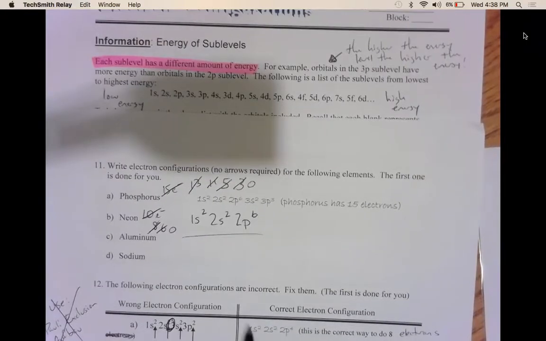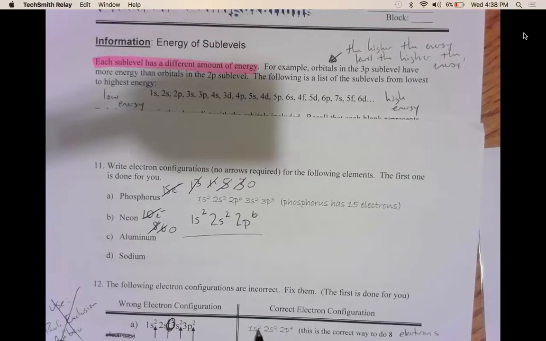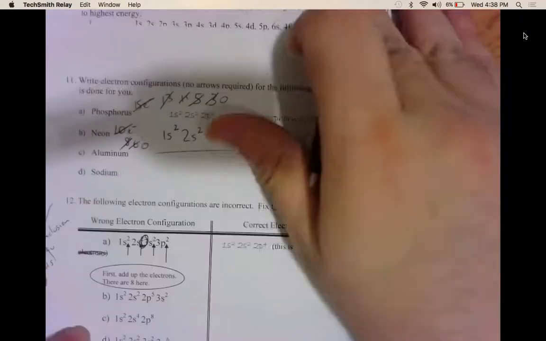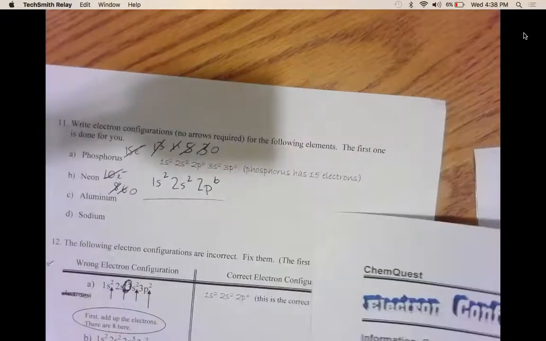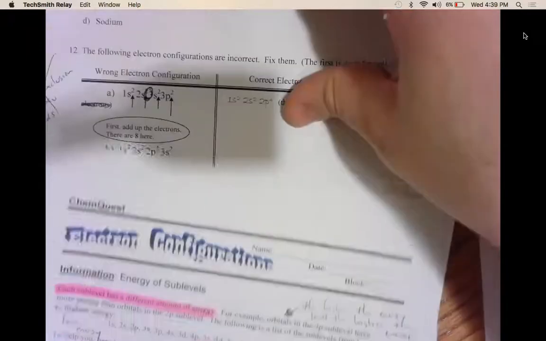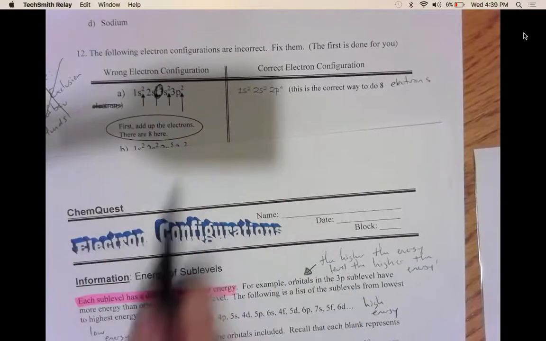So then what we would do is the 1s orbital comes first. We have an exponent of a 2. It's a little difficult now because the page is long, so I can't really hold the orbital diagrams underneath it. So we would look and we would see it goes 1s, then 2s, then 2p in our list.